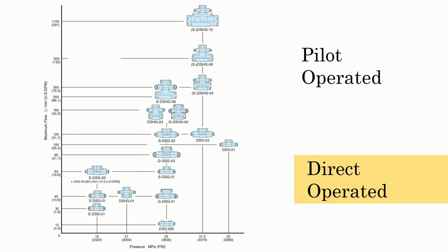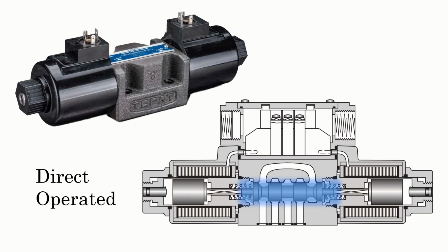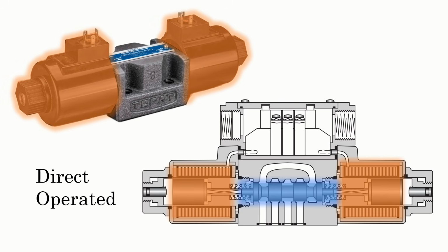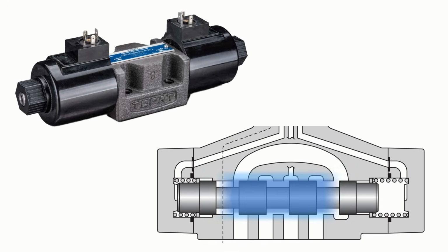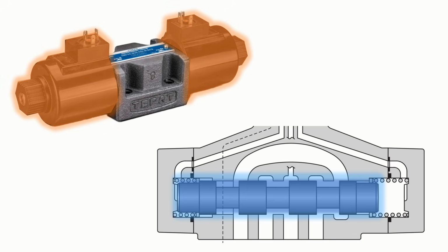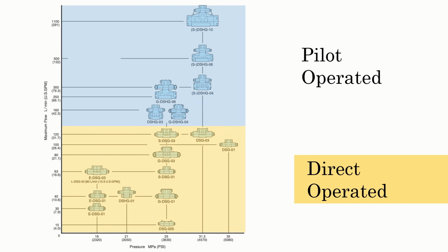When the valve size is relatively small, the control element is moved directly by a solenoid or manual lever. But as the valve size increases, the force required to move the spool also increases significantly, and solenoid force cannot move a heavy spool. So in large size valves, we use the pilot method.